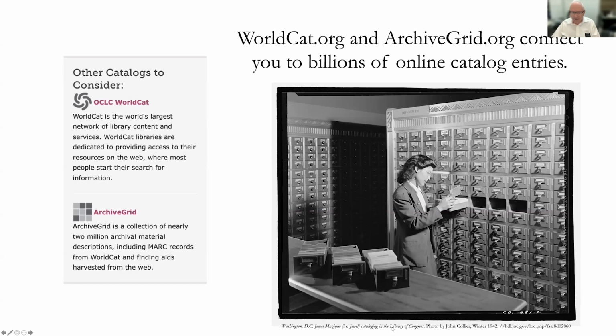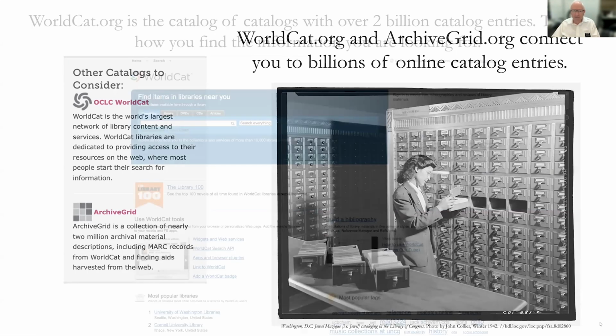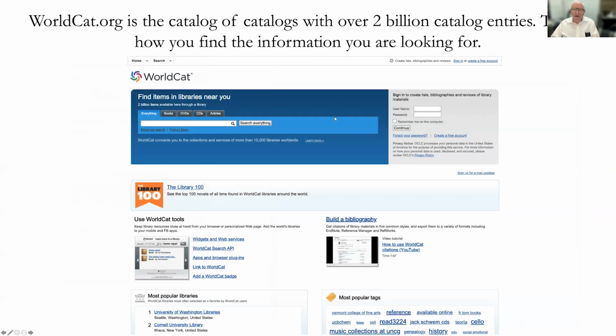So let's go on to the next level here. It has over 2 billion catalog entries. That's 2 billion entries, not 2 billion documents or names or anything like that. It's 2 billion different entries of records, documents, books, manuscripts, videos, anything that has been cataloged by a library will show up in the catalog entries.